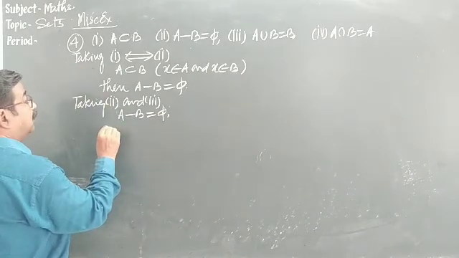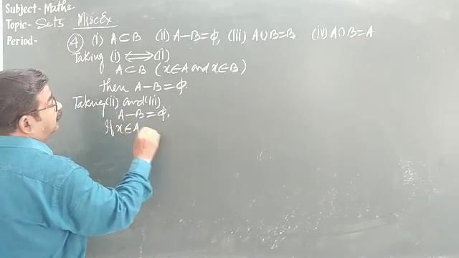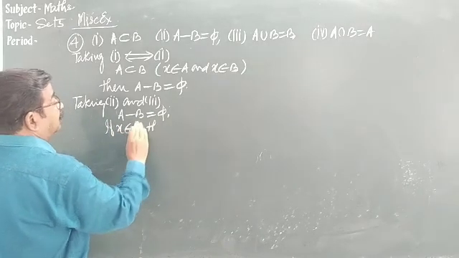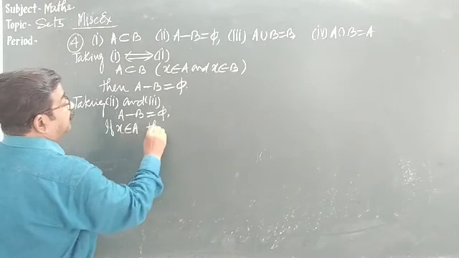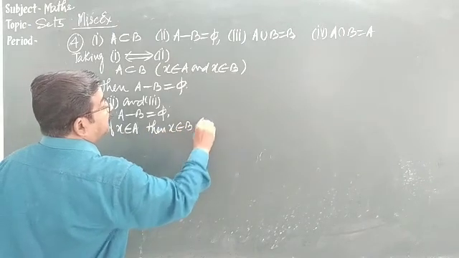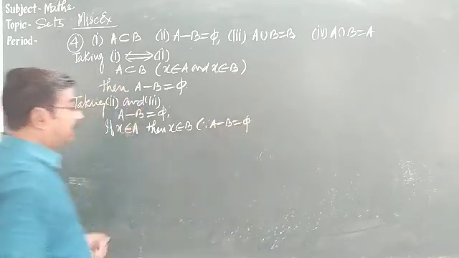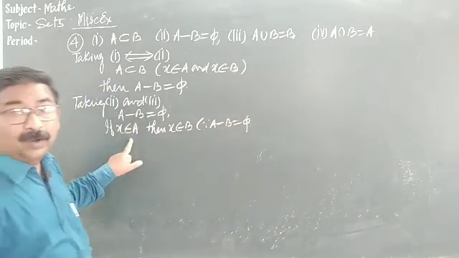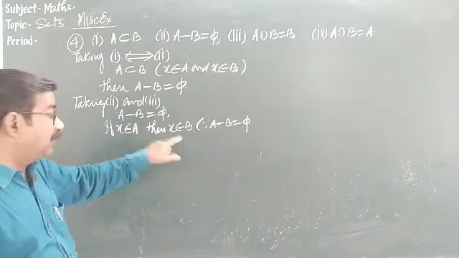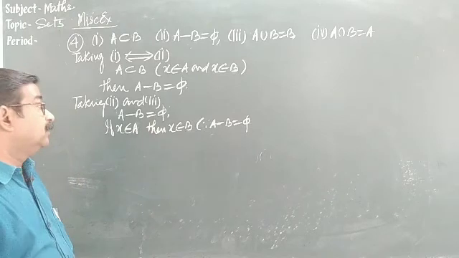If x belongs to A, then x belongs to B. Why? Since A minus B is equal to empty set, it means none of the elements of A are not found in B. So A minus B is equal to empty set is given.